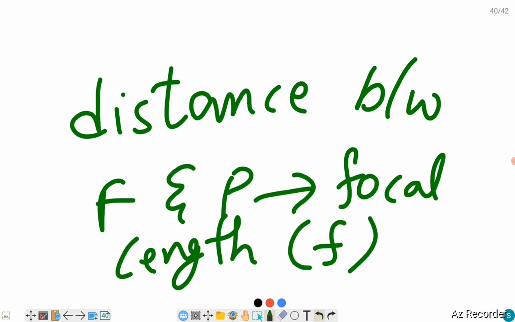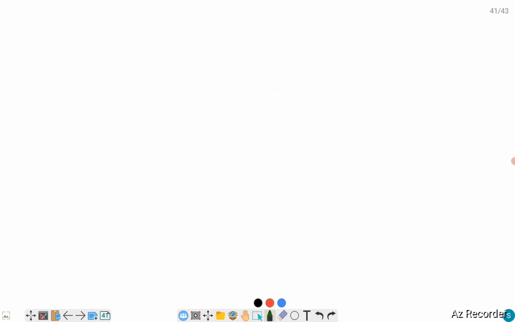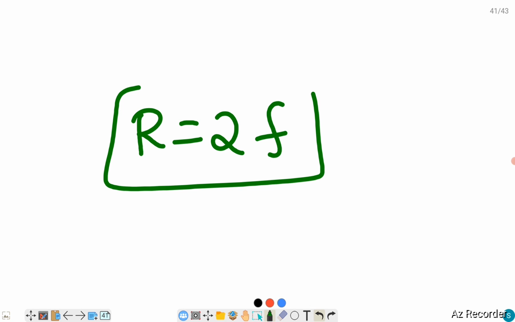Okay. And this point will bisect the radius of curvature, means it makes two equal parts, so that you will have R equal to 2f. Radius of curvature is equal to 2 times the focal length.